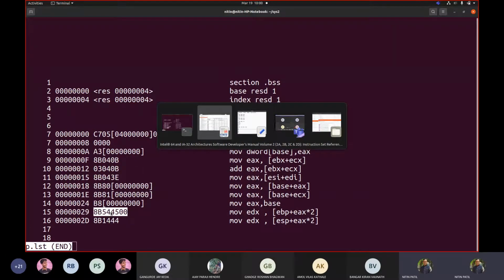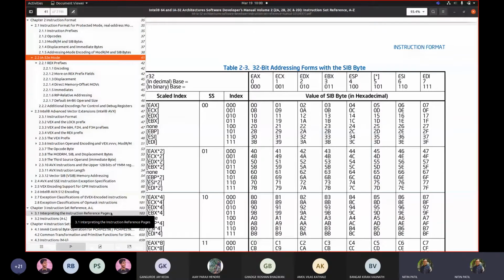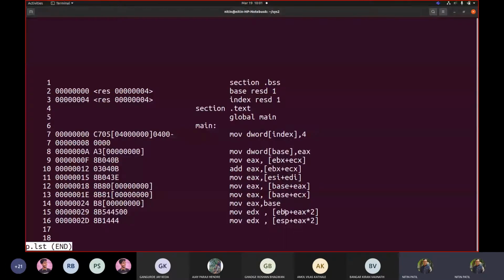Where is 45? And we got 0 0 there for something. Where is 45? See here. This 45 came into picture when the base used was EBP. You can see in my instruction I used EBP as a base and EAX as an index.